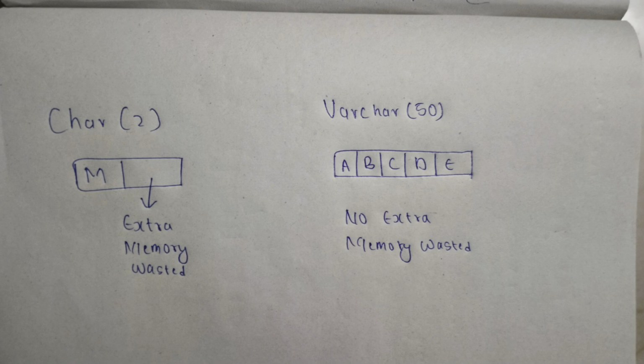If you entered only one character, the two memory locations are already created in the char. But if you come to varchar, if you enter 30 characters, the memory is allocated only for those 30 characters. If you entered only 5 characters, the memory will be allocated only for those 5 characters. So that is the main difference between char and varchar. Hope you got some understanding.